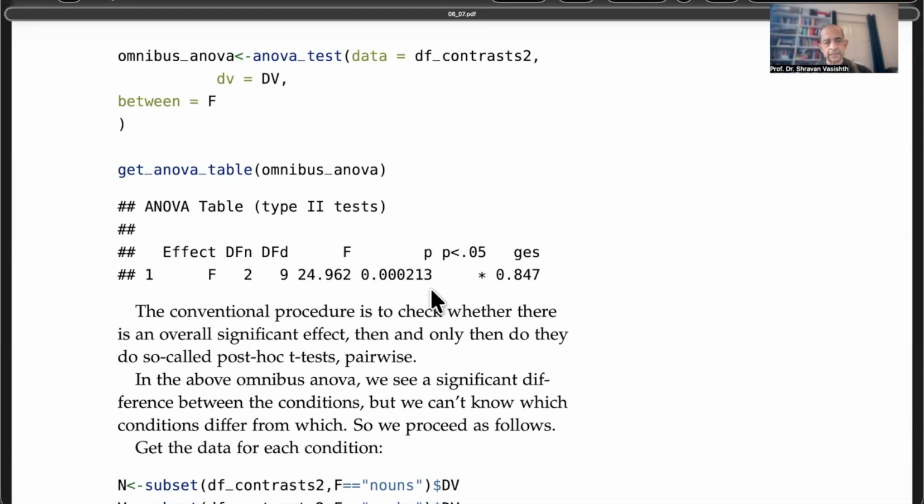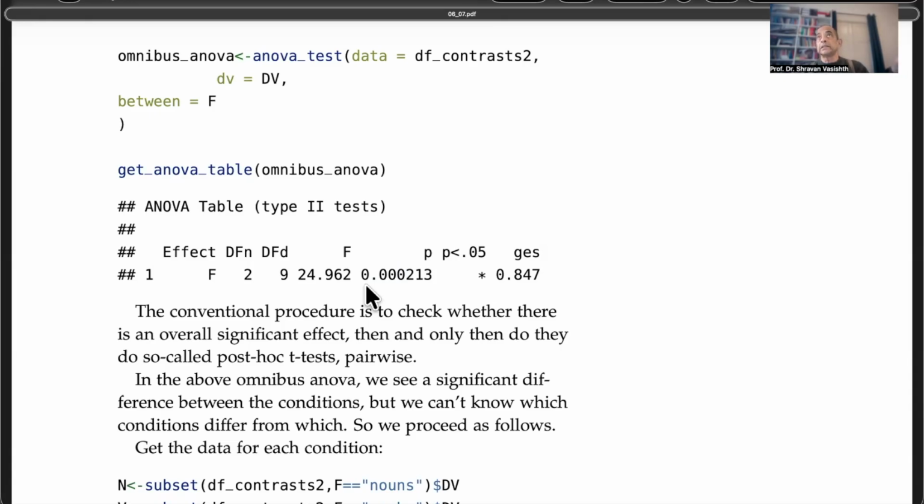So in any case, this is what this F score is telling me. It's telling me that there is evidence against the null hypothesis that there is no difference between the 3 levels of the factor. Well, that's not super informative, right? Like, I don't know what those differences are. All I know is that there is some difference between the 3 factor levels: nouns, verbs, and adjectives. So what do I do now?